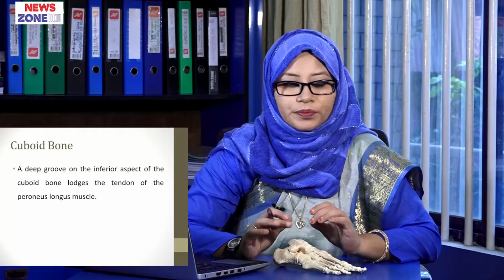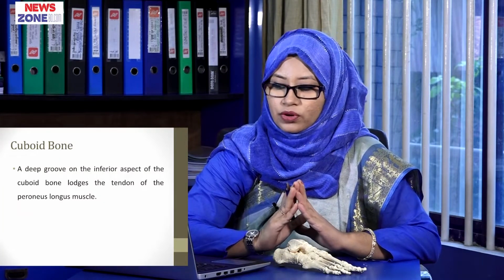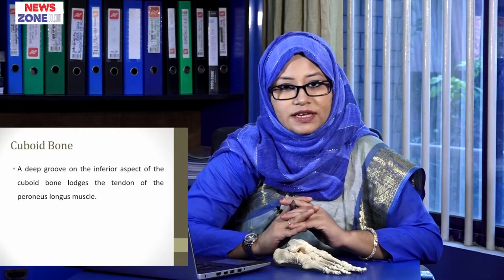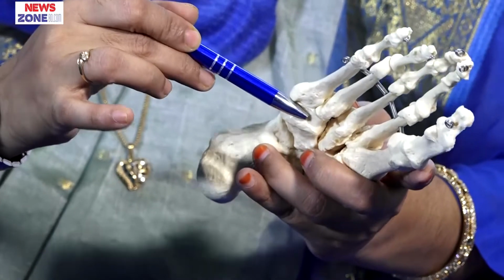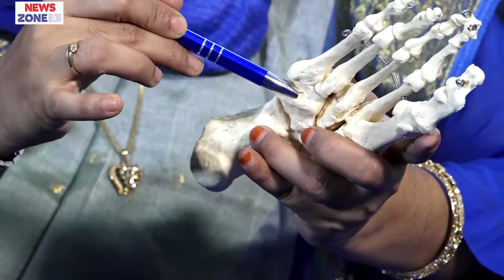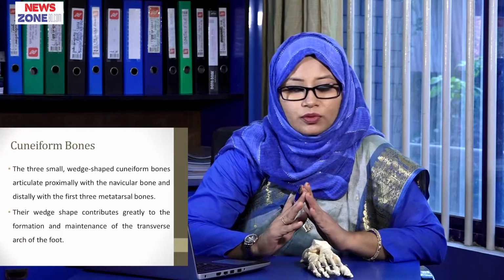Now, the cuboid bone. A deep groove on the inferior aspect of the cuboid bone lodges the tendon of the peroneus longus muscle. Here the peroneus longus muscle is attached to the cuboid bone. Now, the cuneiform bones.